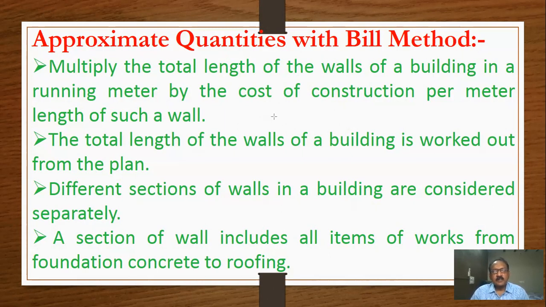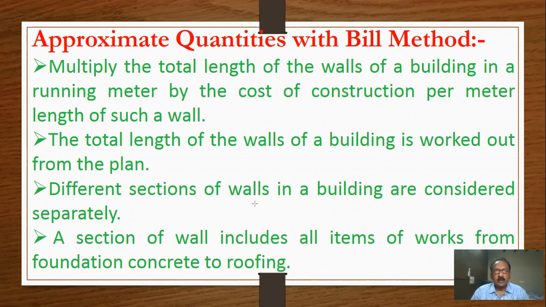And different sections of the walls in the building are considered separately, because you may have 4 inch wall or 9 inch wall, different sizes of wall and different heights of the wall. And the section of wall includes all item works from foundation concrete to roofing.